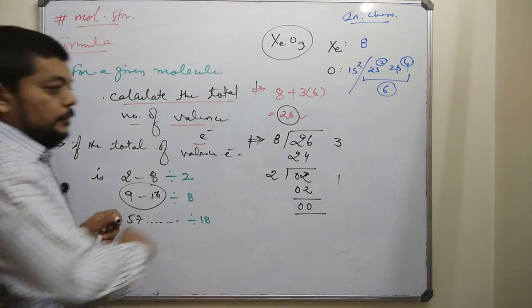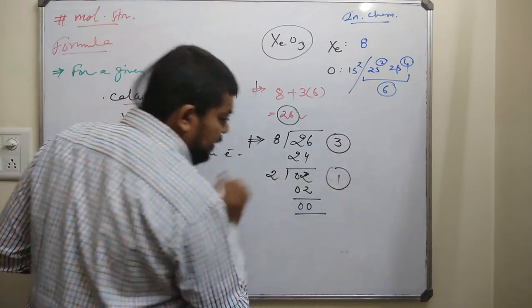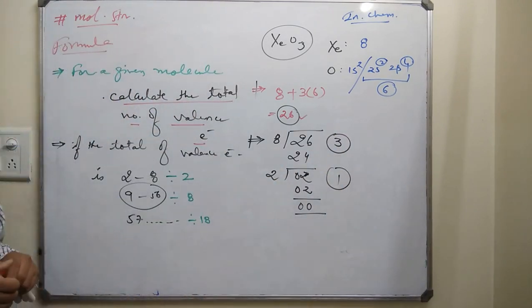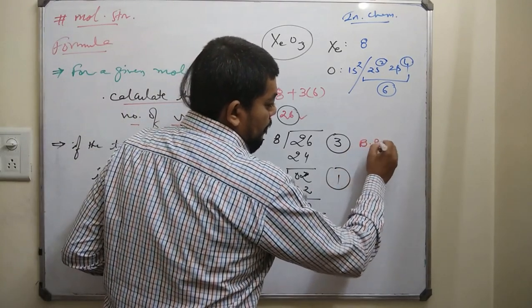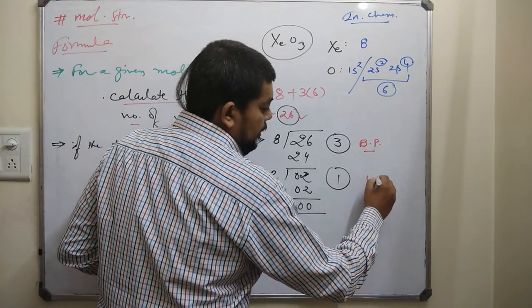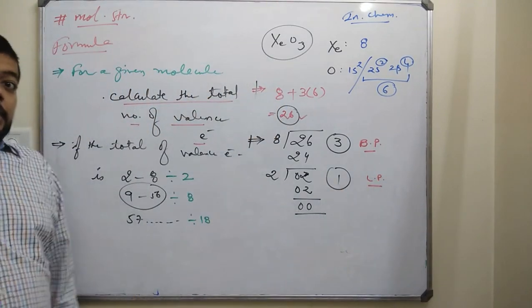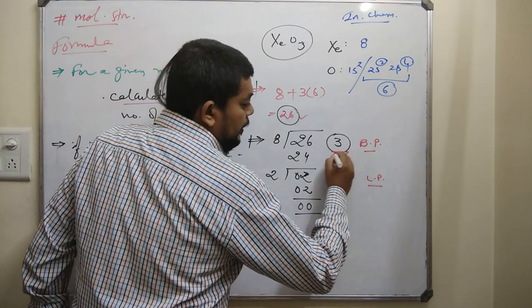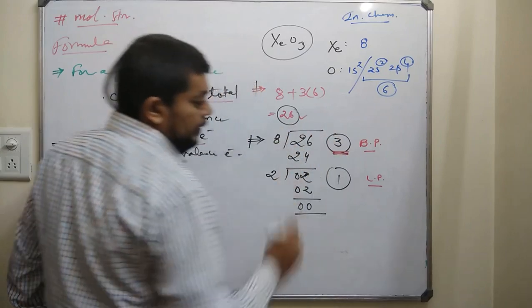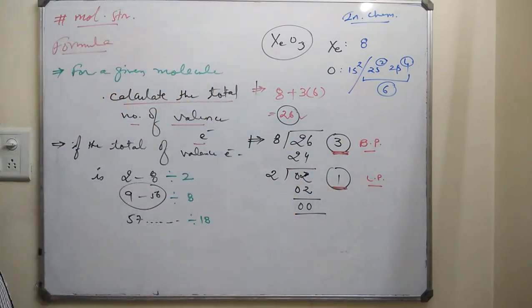The first divisor and the second divisor that you get denote the number of bond pair electrons and the number of lone pair electrons for sure. It means the first number that you get is always the bond pair and the second number that you get is always the lone pair.